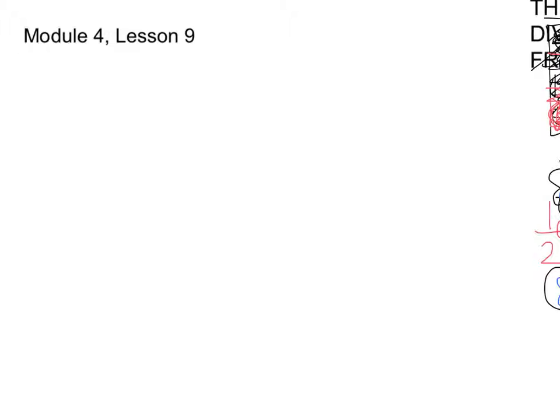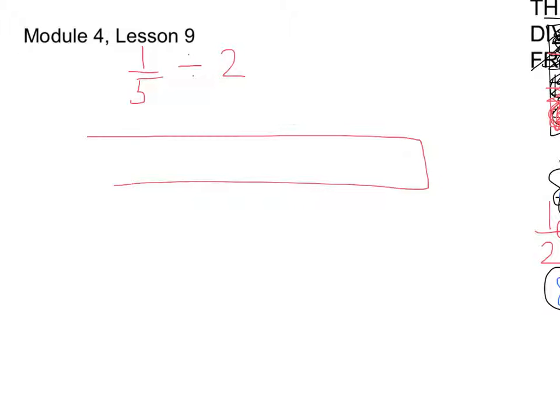Let's try that one more time, just a little more abstractly. Instead of brownies, we're just going to say we've got 1/5. We're going to divide it by 2. Think of it this way. I'll make some fifths here.